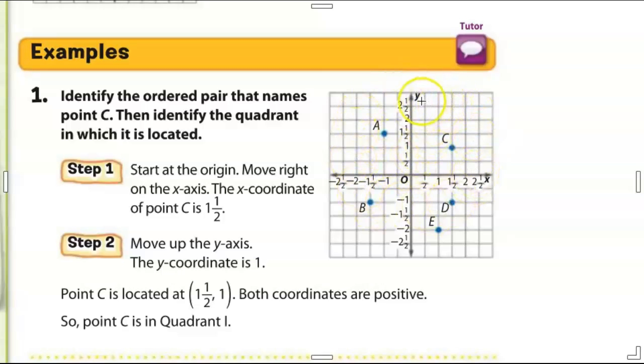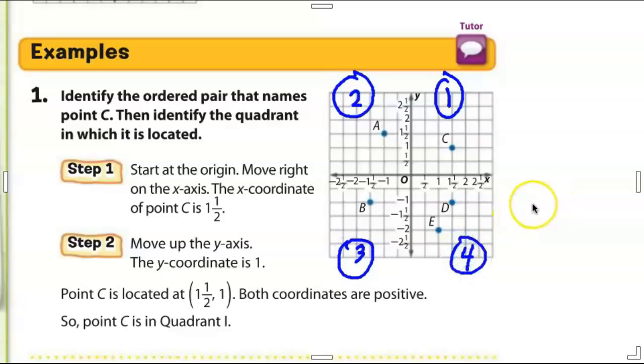So I'm going to go ahead and label all 4 quadrants. This is quadrant 1, this is quadrant 2. Instead of using Roman numerals, I'm just going to use numbers. This is quadrant 3, and this is quadrant 4.